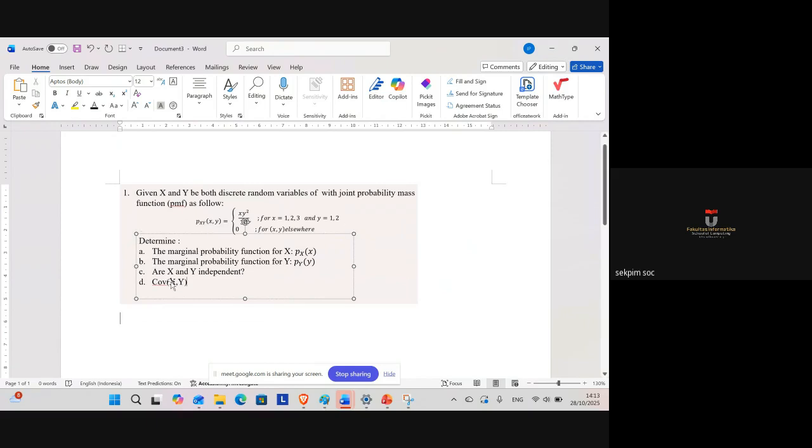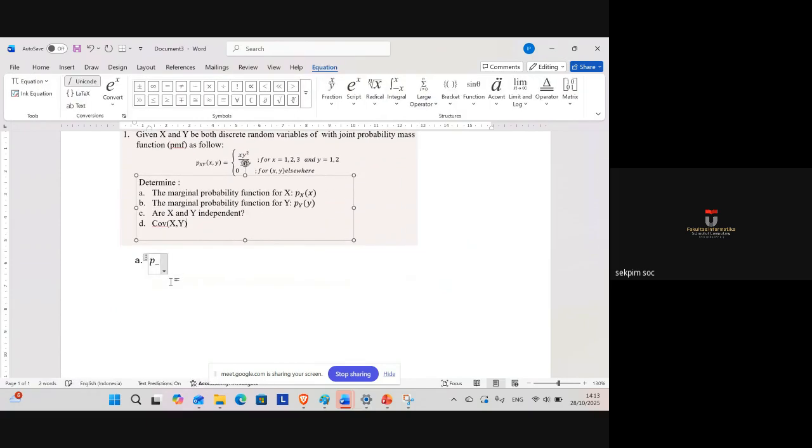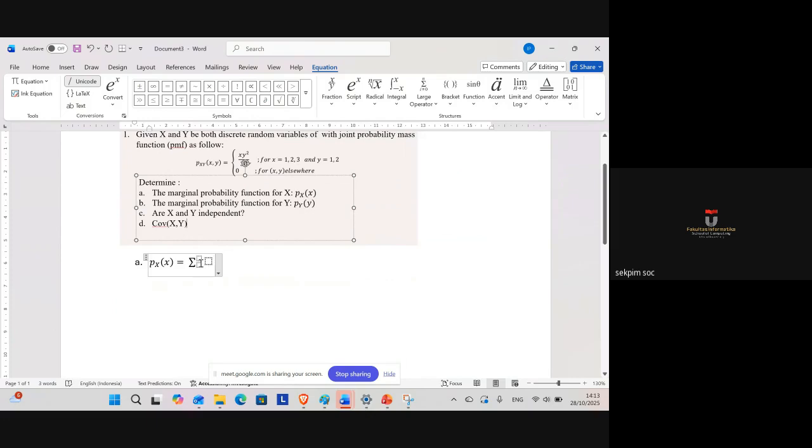Okay, so number one, part A: we need to find the marginal probability of x from pxy. Px depends only on x. This is the marginal function, and we compute it by taking the summation over all y. So we take sigma, the sum symbol.